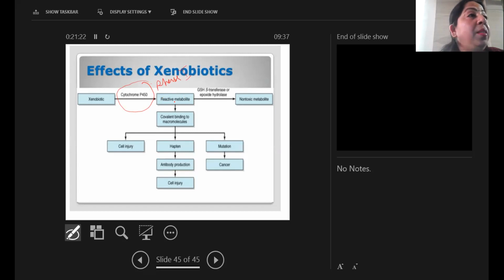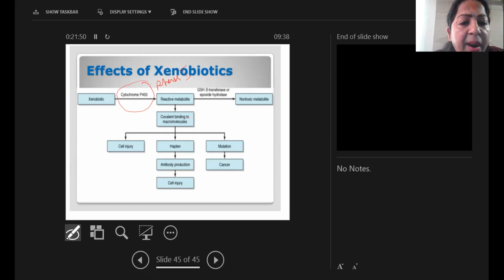Reactive metabolite means the metabolite which has some functionality, and this functionality would have come from phase 1 reaction via oxidation, hydroxylation or reduction. These are the major reactions which lead to addition of some functionality onto the xenobiotics in the presence of the enzyme cytochrome P450.